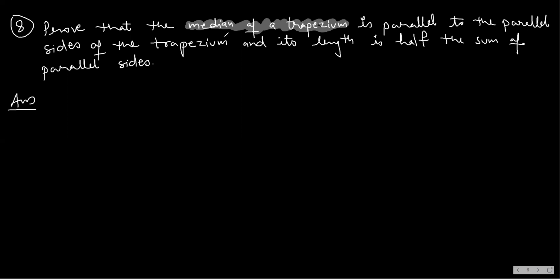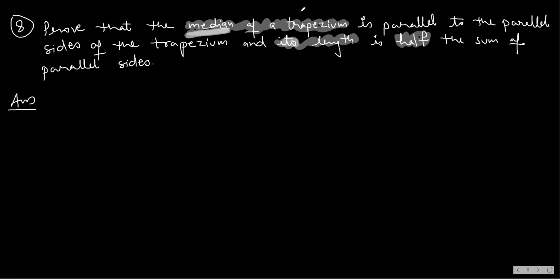A trapezium has 2 parallel sides. So we need to prove that the median of a trapezium will be parallel to the parallel sides of the trapezium. Further, its length, the length of the median, is half the sum of the parallel sides.